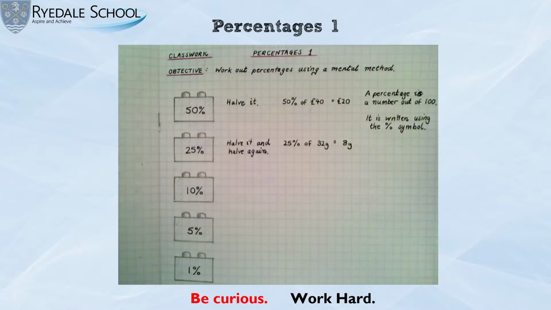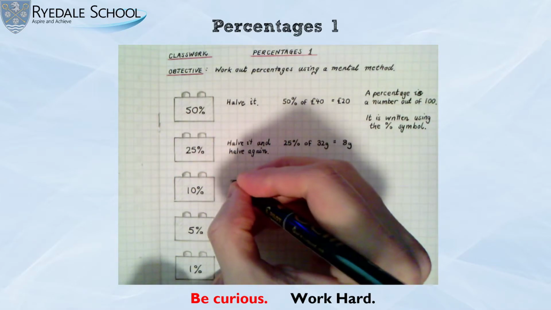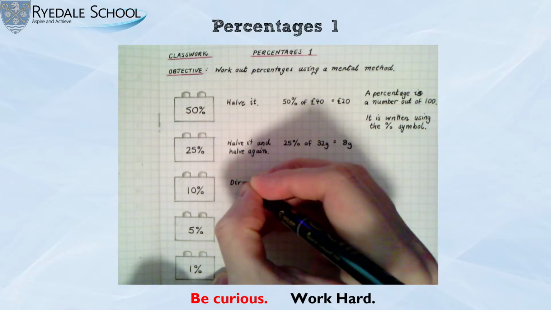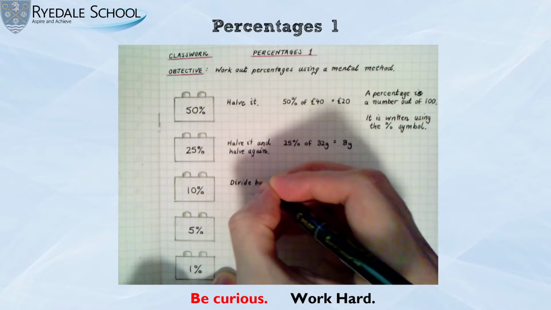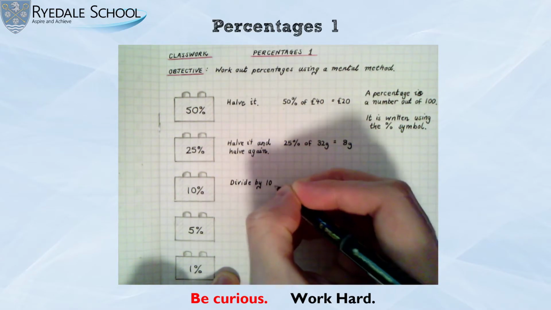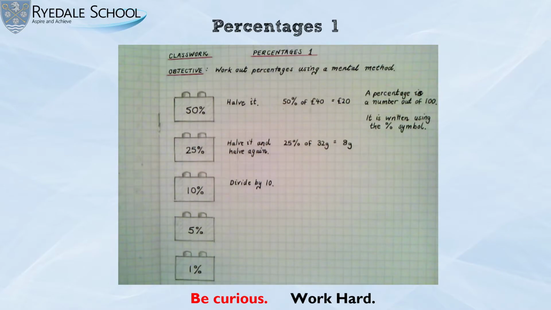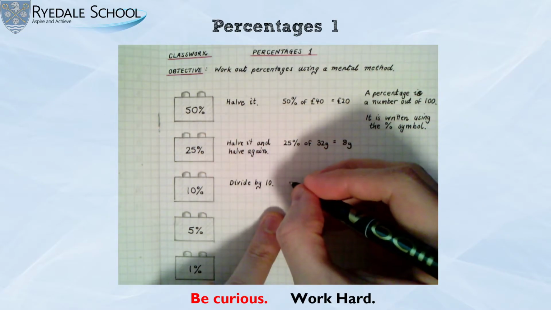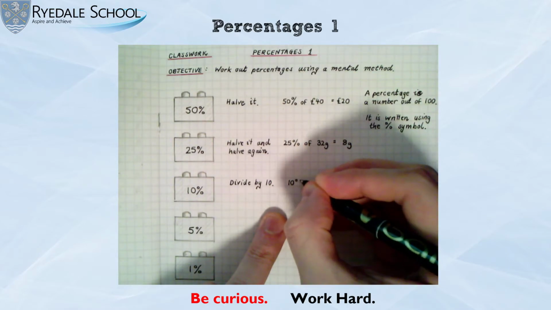Okay, 10%. Well, since 10 10%s make the whole thing 100%, the rule for 10% is divide by 10. So, if I want to find 10% of a number, let's try something a little bit more challenging.